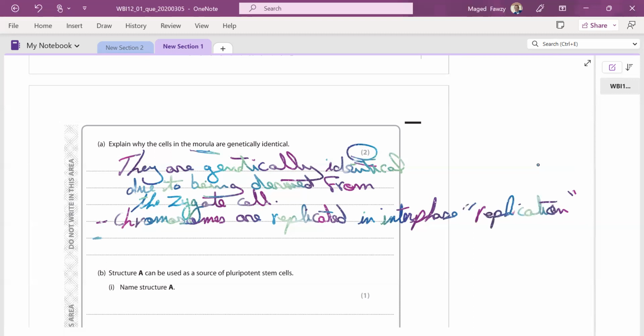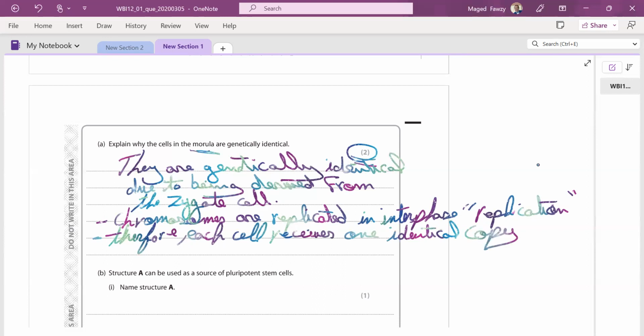Actually, now we took a full mark on the question. The point: therefore, each cell receives an identical copy of chromosomes.